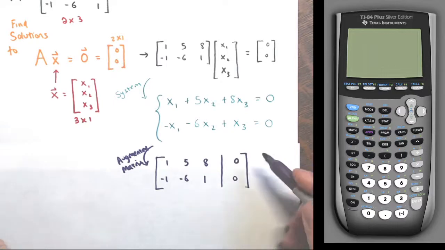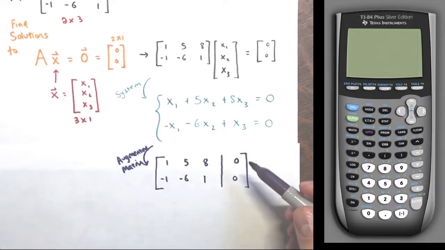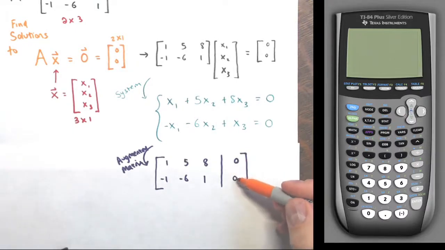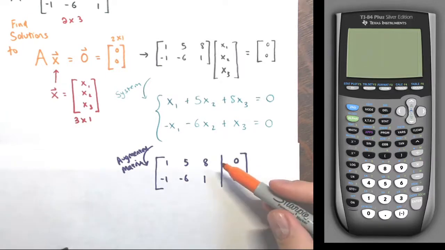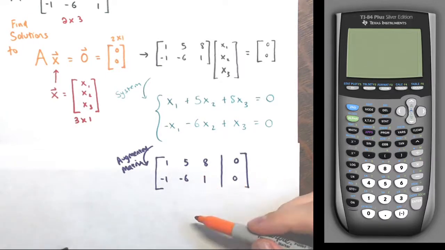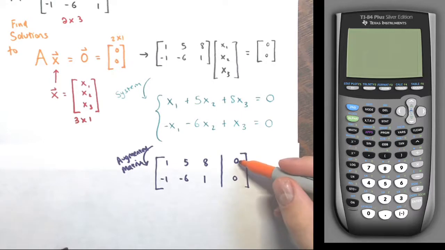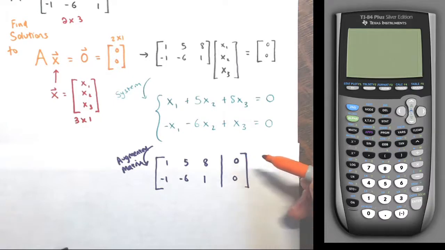And what you're going to notice in future examples is I'm not going to write this column of zeros over here, because I'm going to perform row operations to put this matrix into reduced echelon form, or reduced row echelon form. When you perform row operations, any column that's all zeros is going to remain that way.